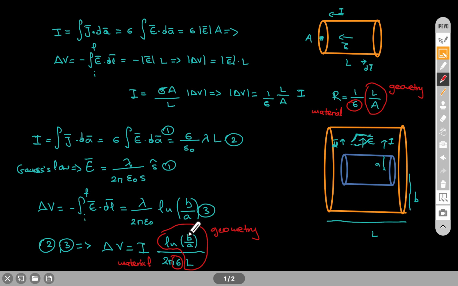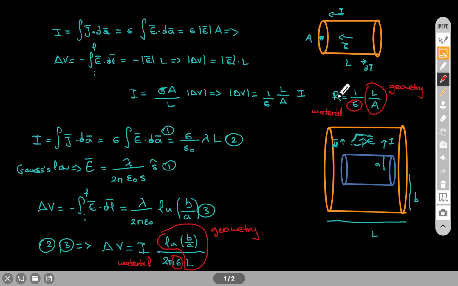But do pay attention. This will be R for this particular example where a constant potential difference is maintained between the two cylinders and current is flowing this way, whereas here it's a constant potential difference between these two ends of the cylinder and current is flowing that way.